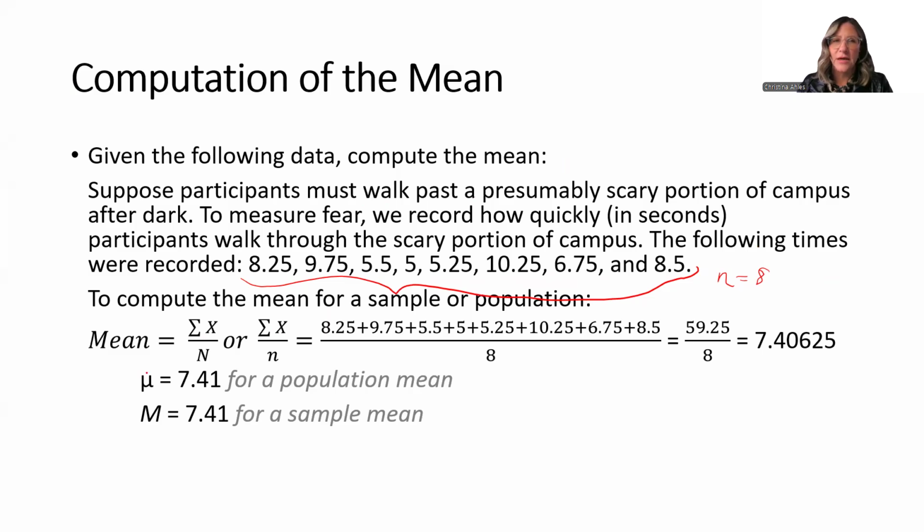So to get our mean, we're going to add up the X values. So we're just going to add up 8.25 plus 9.75 plus 5.55 plus 5.25 plus 10.25 plus 6.75 plus 8.5. Once we add all of those up, we get the sum of X, which is 59.25.